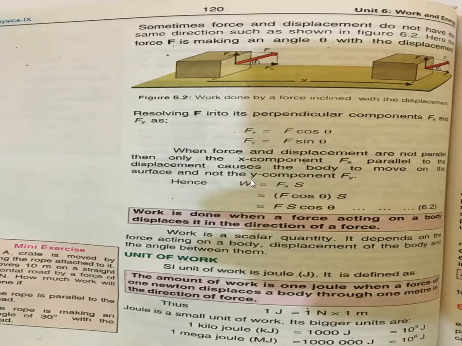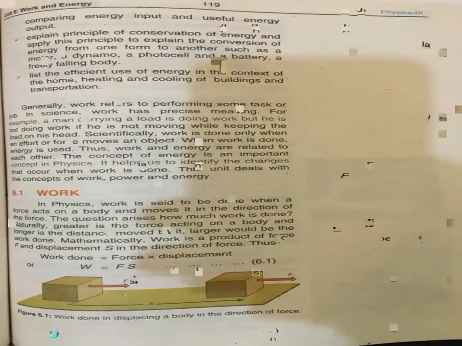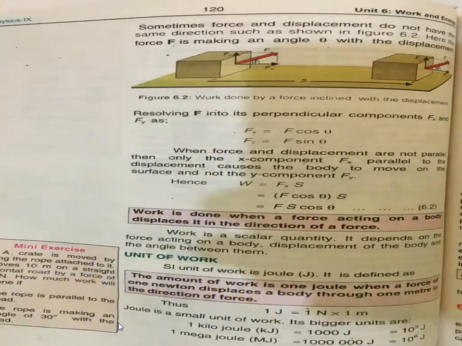So you know the formula for the work done is W equal to Fs. If we put F equal to Fx, because only the X component of the force is responsible for the toy car to move, or the block in the direction of the force, we will take only the X component of the force.